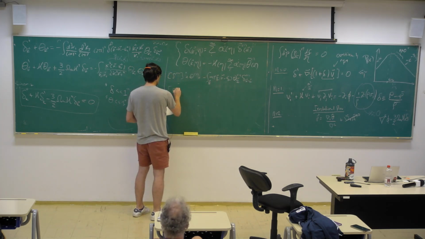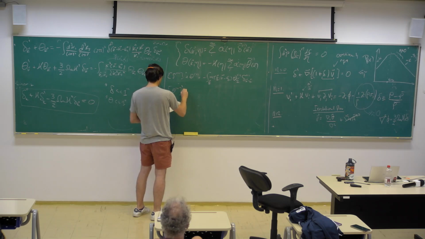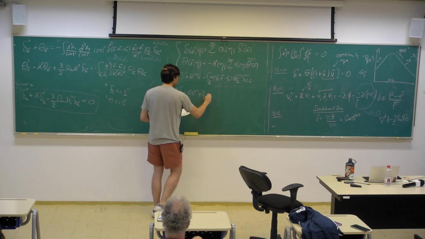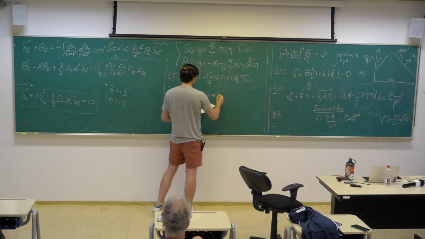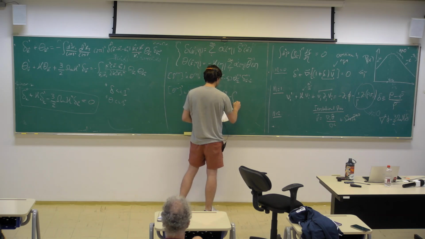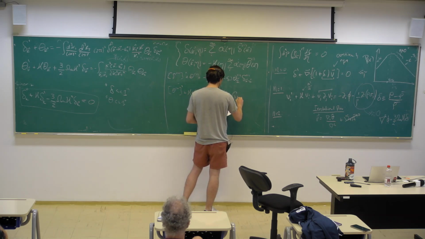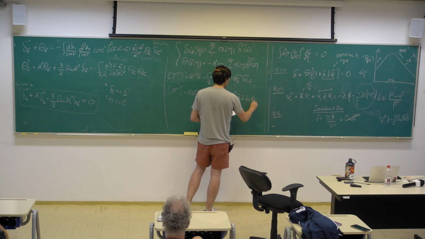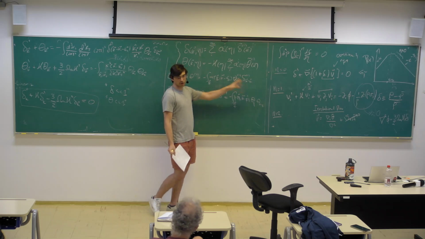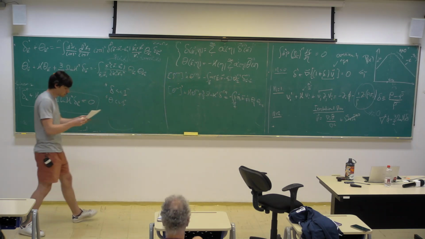I can do the same here as well: theta 2 prime plus theta 2 plus 3 halves Omega matter H squared delta 2 equals this, and then I'm going to have beta(q, k minus q) and only theta of q, theta of k minus q. So people are okay with the fact that I now went from k1, k2 to q, k minus q. That's just a delta function integral that enforces momentum conservation.